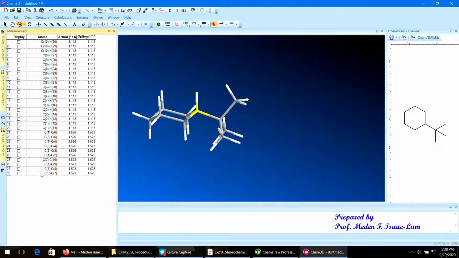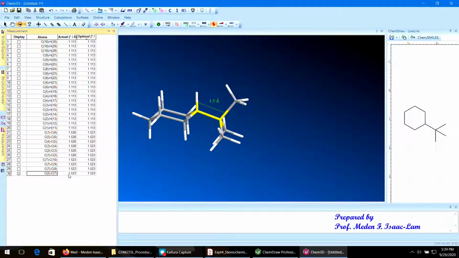At the bottom is C5 to C7, and if I check it and then highlight the C5 to C7, it will show me the distance as 1.5 angstrom, and the actual length up to 3 decimal places is 1.523.